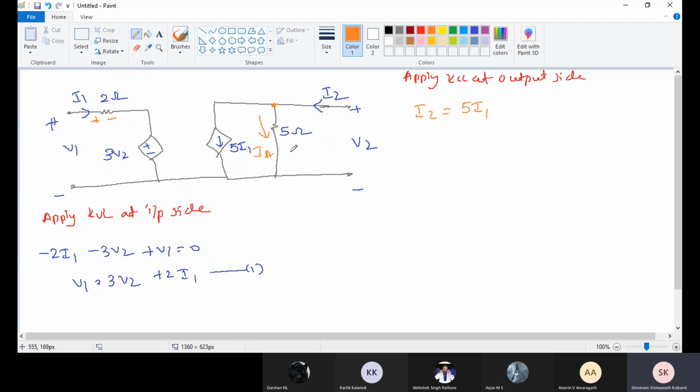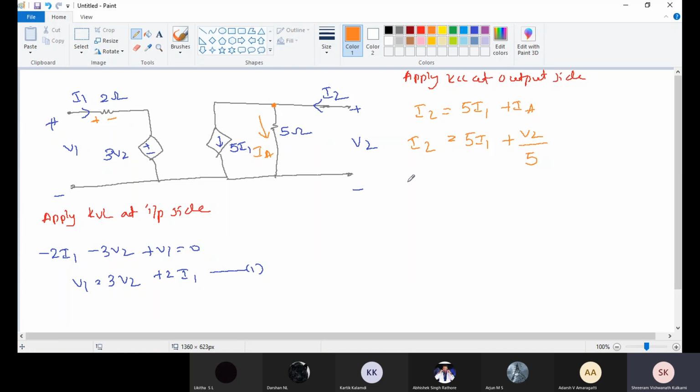I'm going to call this current IA. So 5I1 plus IA. Now this current IA will be calculated as the voltage divided by the resistance of that branch. V equal to IR, I equal to V by R. Simple. Here IA, the voltage across this 5 ohm resistor is V2, so I simply write V2 by 5. That is I2 equal to 5I1 plus V2 by 5.